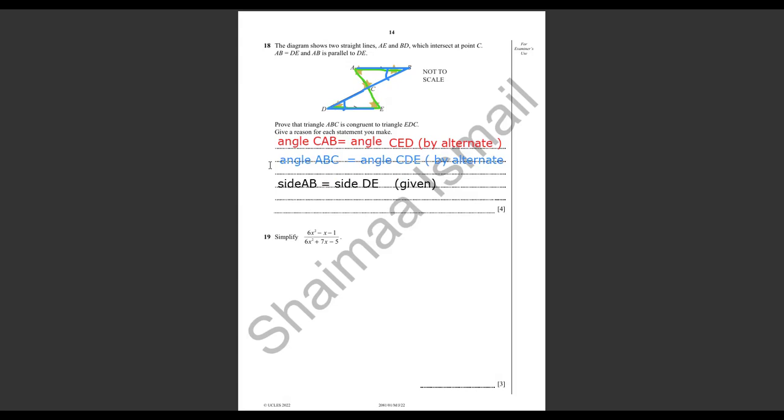Then we say the triangles are congruent.